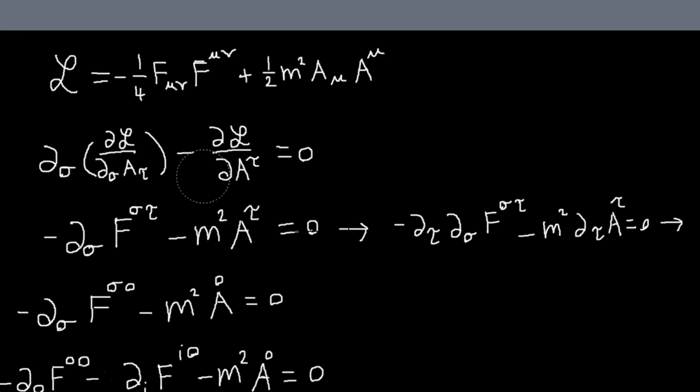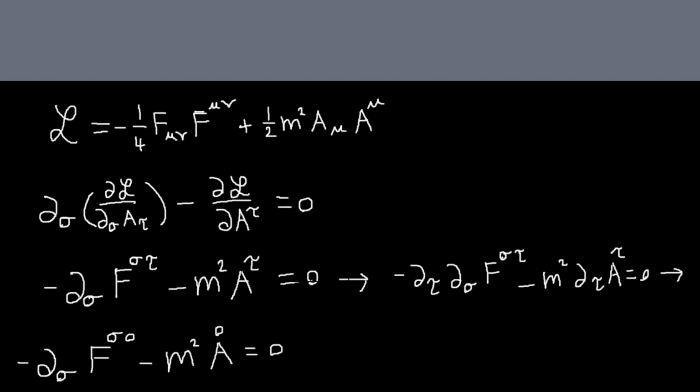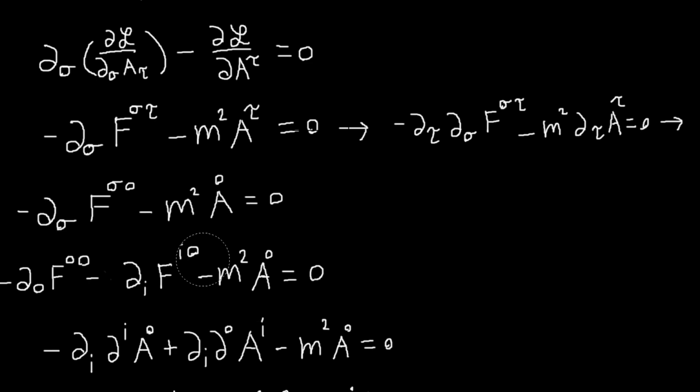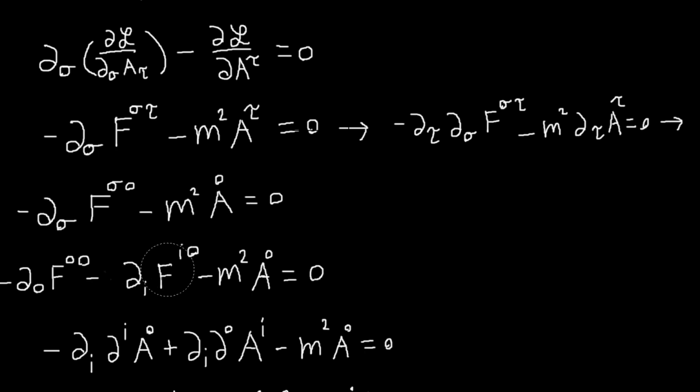So moving on, if we take a look at the zeroth component of our equations of motion, we'll get this expression. Then I can split this sum into the time part and the spatial part. And so F^{00} will be 0 because F is antisymmetric. So we'll just be left with these two terms. And then I can write out my term here.